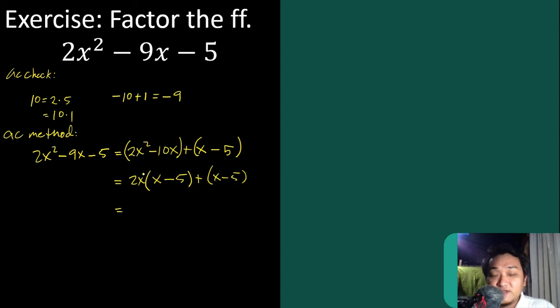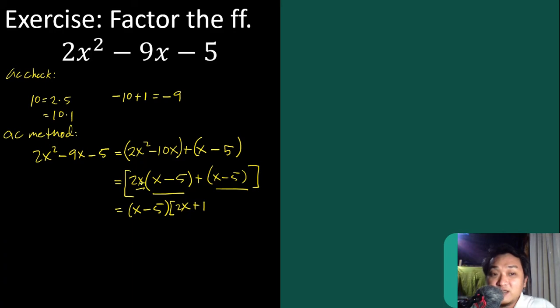Now, after we were able to get the greatest common monomial factor in each quantity, this time we're going to remove or factor out the common quantity factor, which is x minus 5. So factor that out. X minus 5, and what is left inside the bracket is 2x, and of course we have a number there, not written, plus 1.